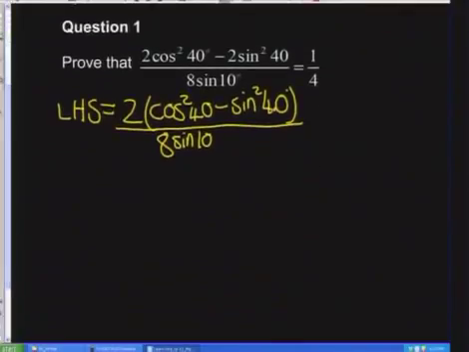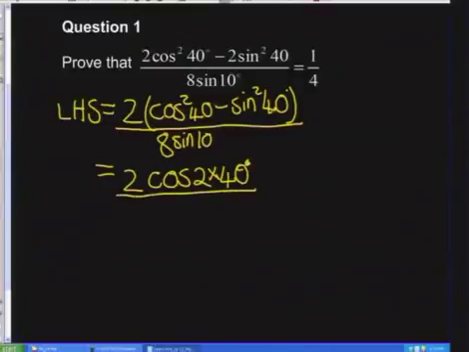I'm still going to write my 2 over here. And I'm going to say, well, that cos squared 40 minus sine squared 40 is equal to cos of 2 times 40. Right? And that is all divided by 8 sine 10.